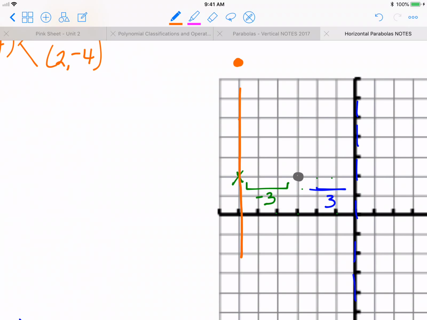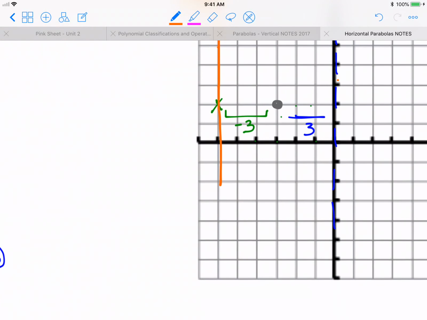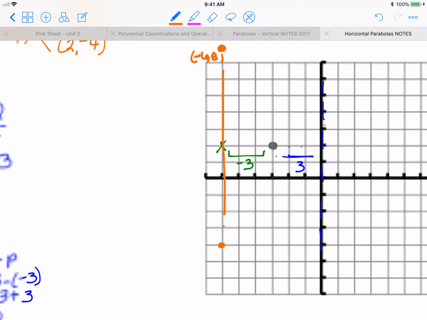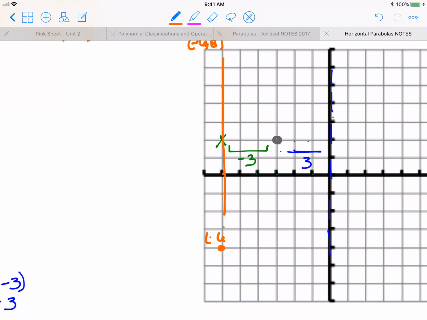So what ordered pair is that? 1, 2, 3, 4, 5, 6. That's negative 6. And then 1, 2, 3, 4, 5, 6, 7, 8. Negative 6, 8. And then we're going to count 6 down. 1, 2, 3, 4, 5, 6. And so that looks like that's going to be negative 6, comma, 1, 2, 3, 4, negative 4.